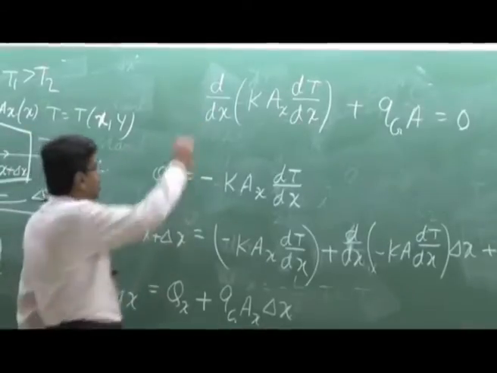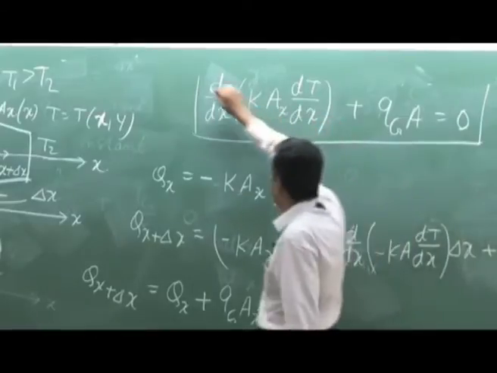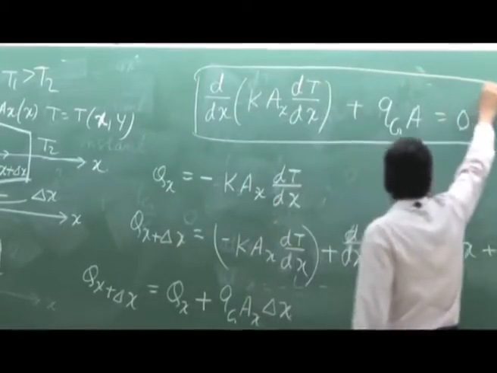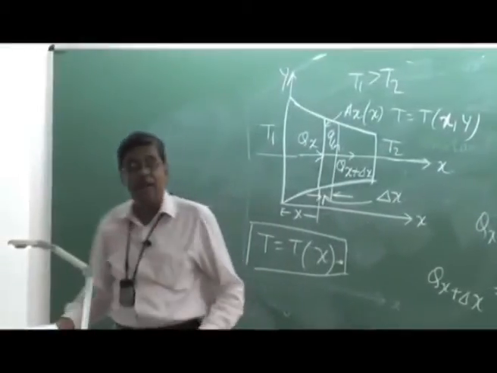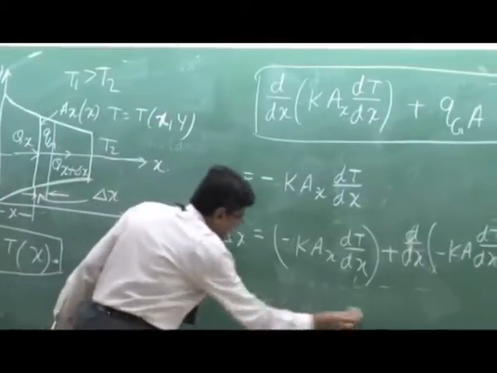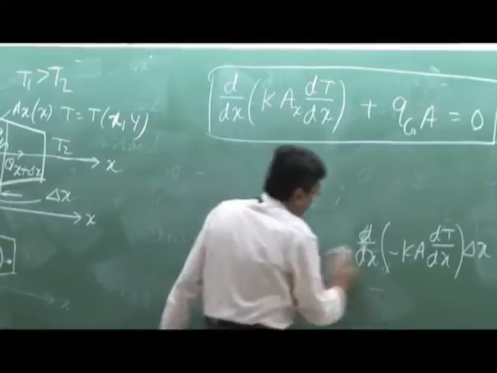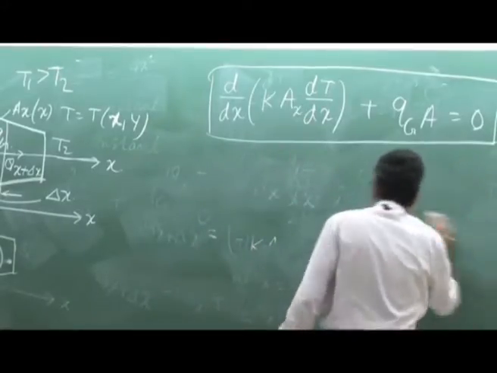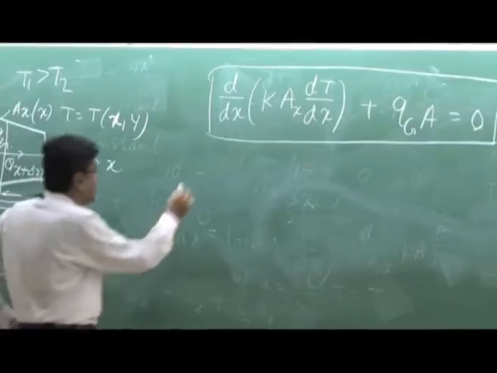So that means our starting point, even if the area varies along with the thermal conductivity, is this, which in a very special case becomes that if Qg is 0, that means there is no heat generation.